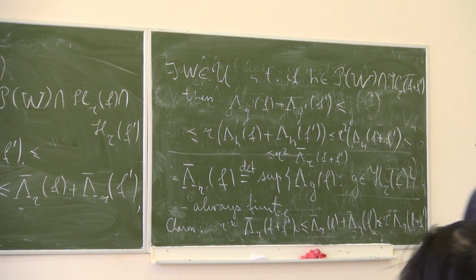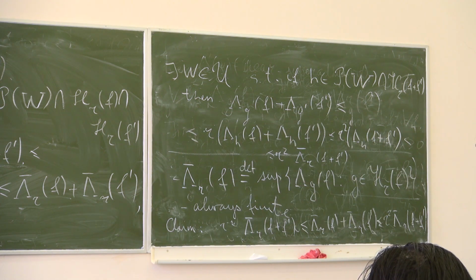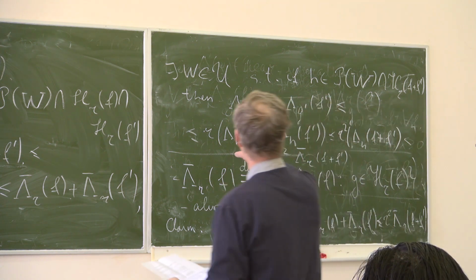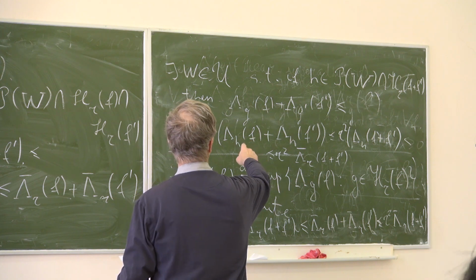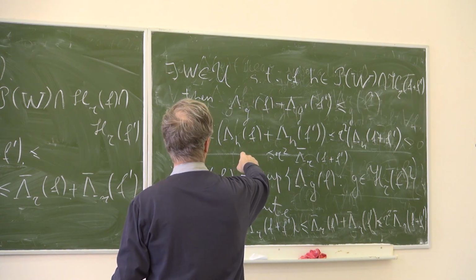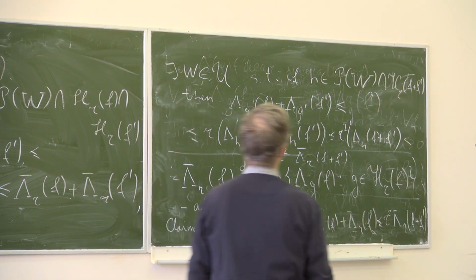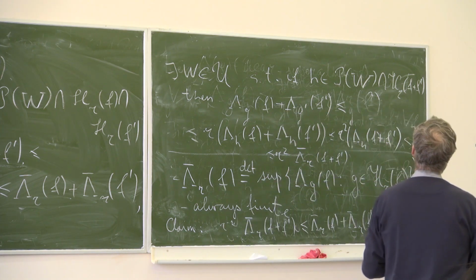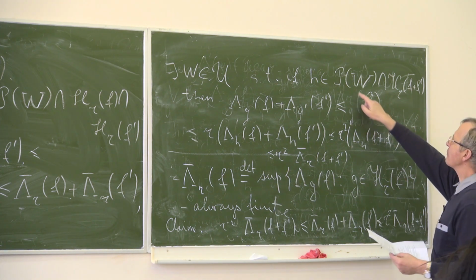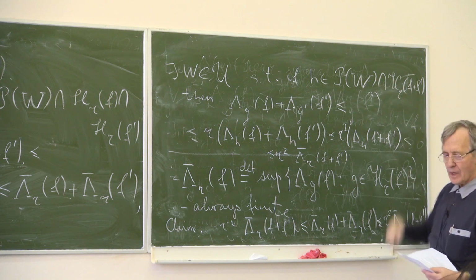Excuse me, why do such H exist? Such H, where? I mean, why is the intersection of P of W with H_R non-empty? Why is it so?